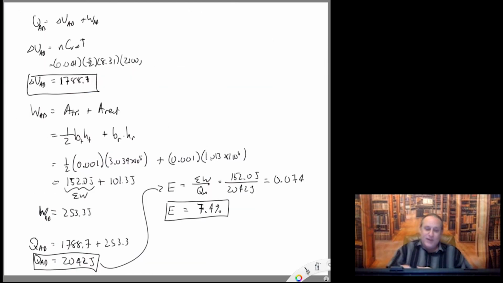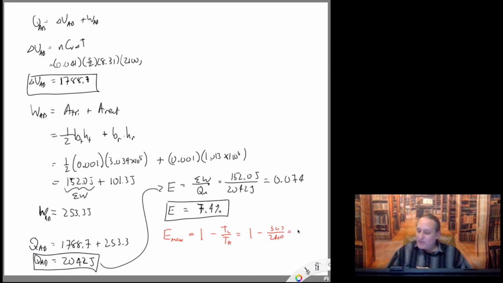So the max efficiency, which is the Carnot efficiency, would be 1 minus TC over TH. That's 1 minus 300 over 2400.